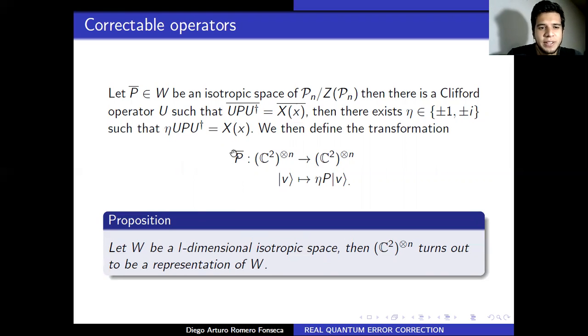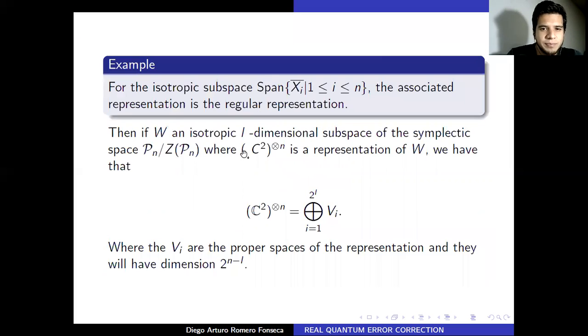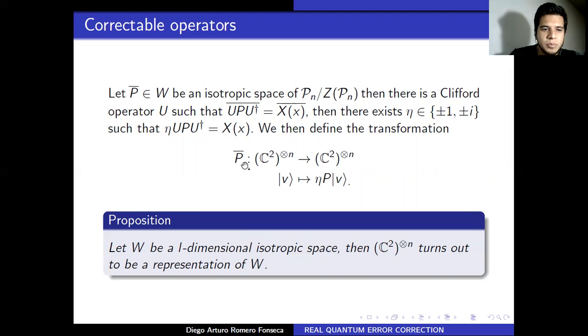Thus, we define the transformation like this. We just take the vector, we apply P, and then we multiply by the phase factor eta.